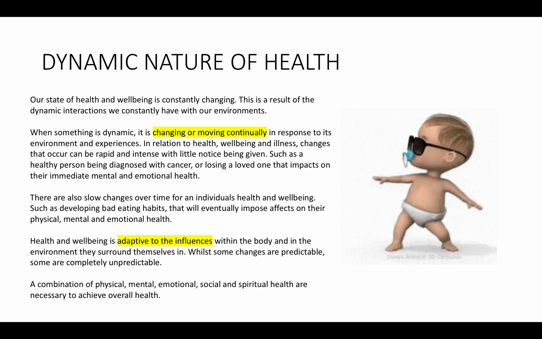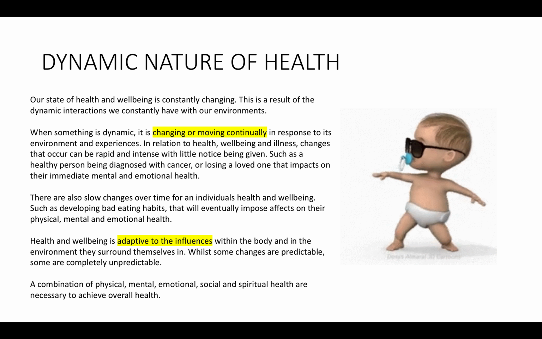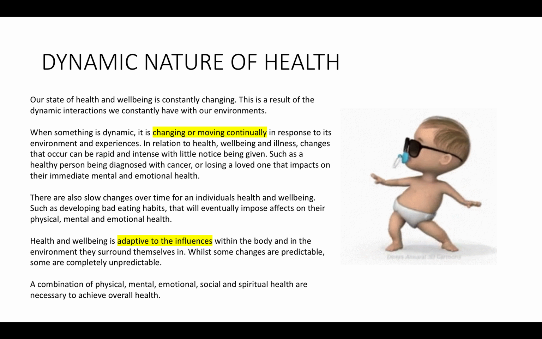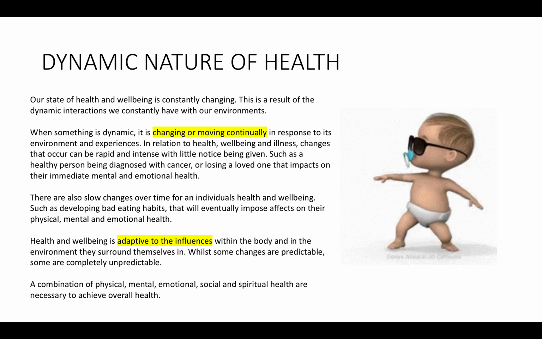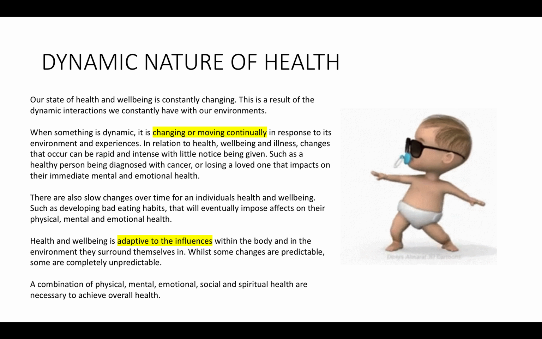So some changes can be rapid, some changes might be slow. So something that's rapid could be an illness that you get diagnosed with, as it writes there, something like cancer. This can then impact immediately on someone's mental and emotional health, which then might fold out onto other dimensions of health.